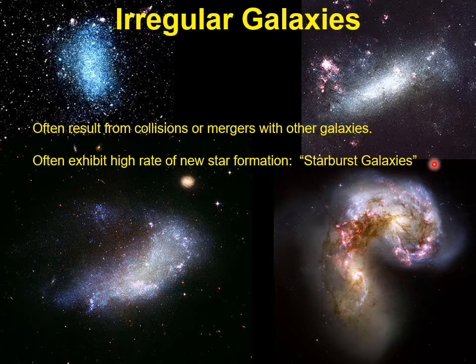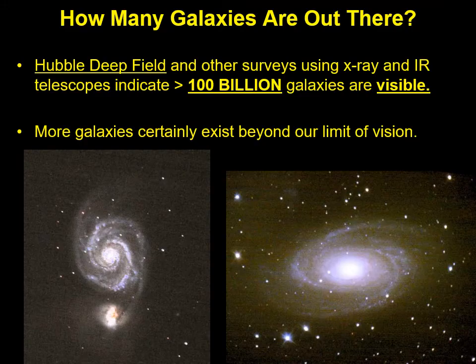So how many galaxies are out there in the universe? Well, we don't know for sure, and we don't know the exact number. However, we have a pretty good idea of at least a decent estimate.